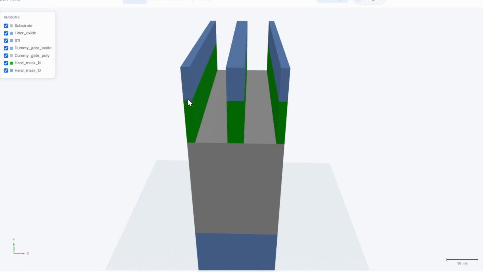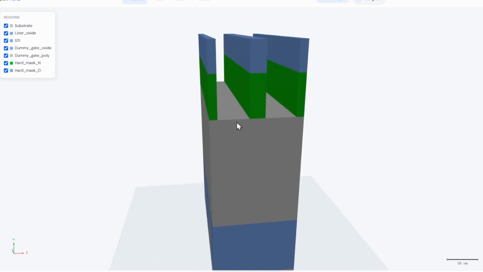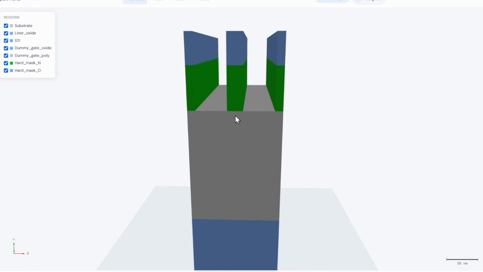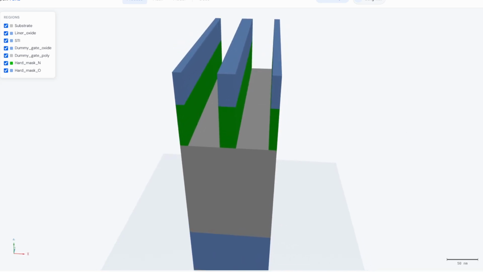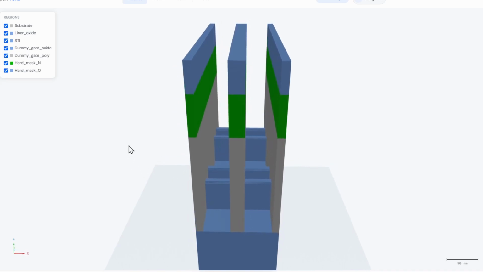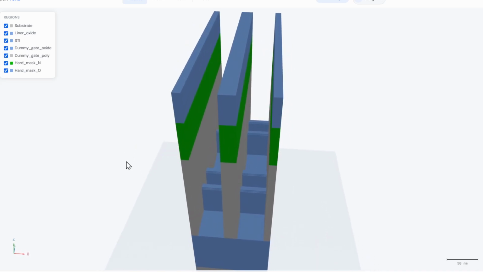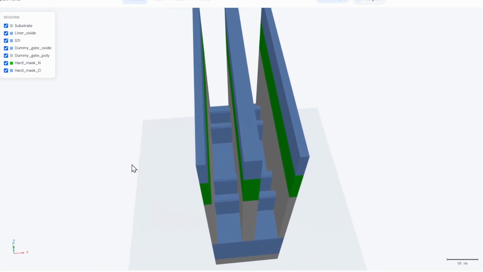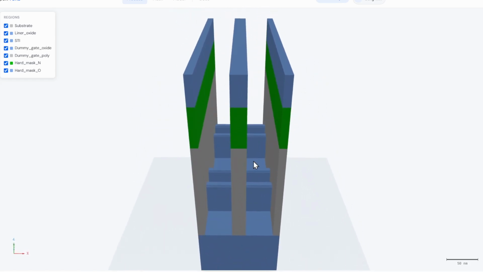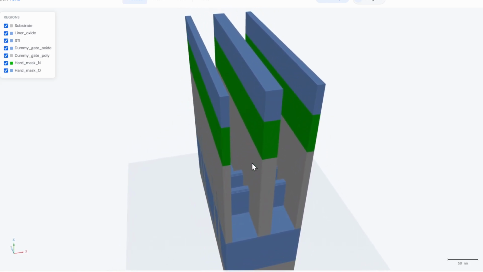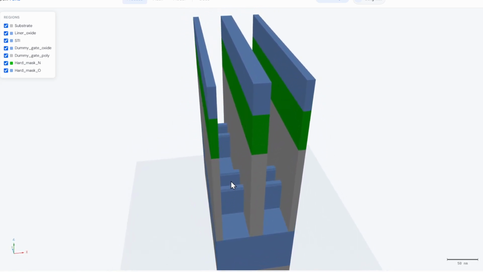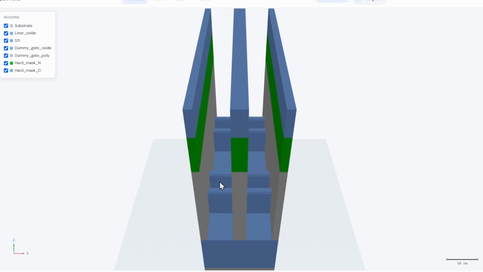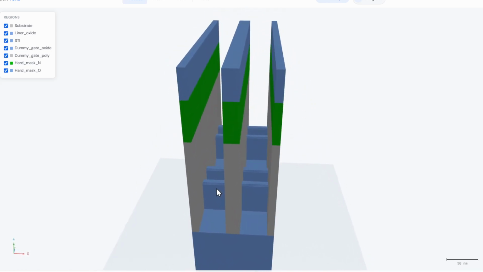Of course, with this already patterned silicon dioxide, the lower part, silicon nitride, can be well patterned. So now our polysilicon layer is exposed to the air. Quite naturally, we can also etch the polysilicon dummy gate, and now we have the fins here and there, which is exposed to the air. Of course, it is covered by our dummy gate oxide, but anyway, it is not far away from it.